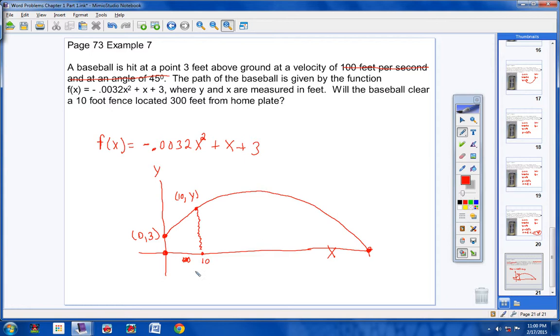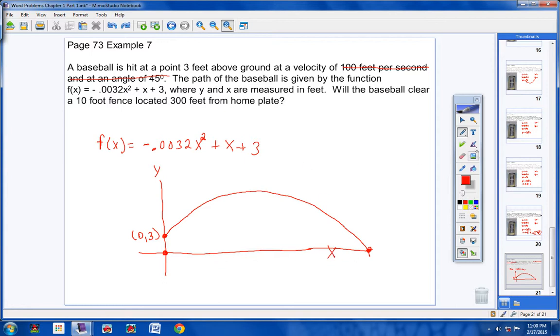I mean, look, you know that. All I have to do is go across here, and every time I want to know how high the ball is, just look at how far over you are on the ground and put the number in for x. So think about it. If I want to know if the ball is going to clear a 10-foot fence, if the fence is 300 feet from home plate, then come over here.